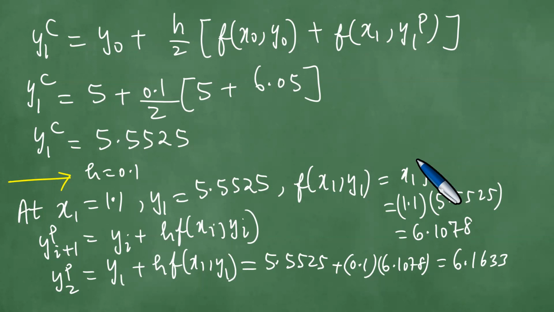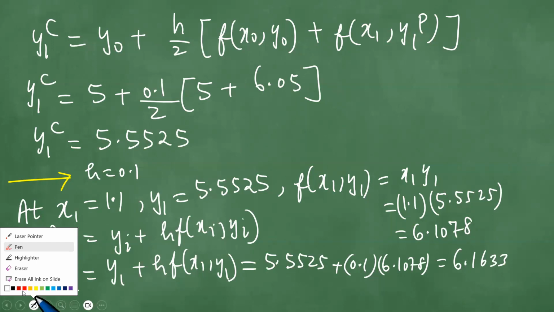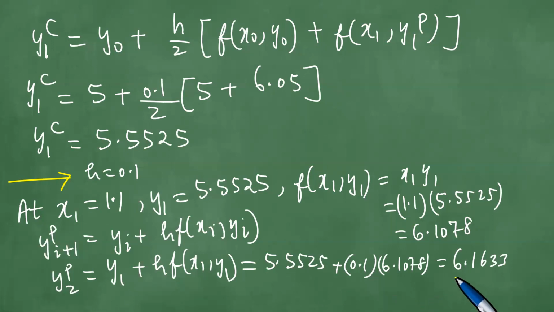So you have this, and it's exactly that. Obviously you can write it as 6.1632833. But you can also write it as 6.16328. Okay, so what have we got?